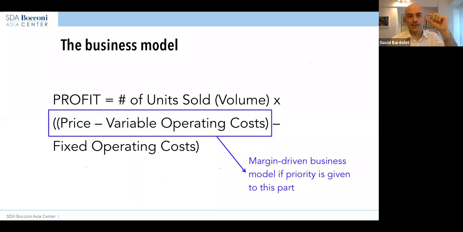So the number of units they're selling is not enough to create the profit that they're seeking. So maybe they will have to transform themselves and become more volume driven and sacrifice that margin for the sake of units. But right now it is a margin driven business.